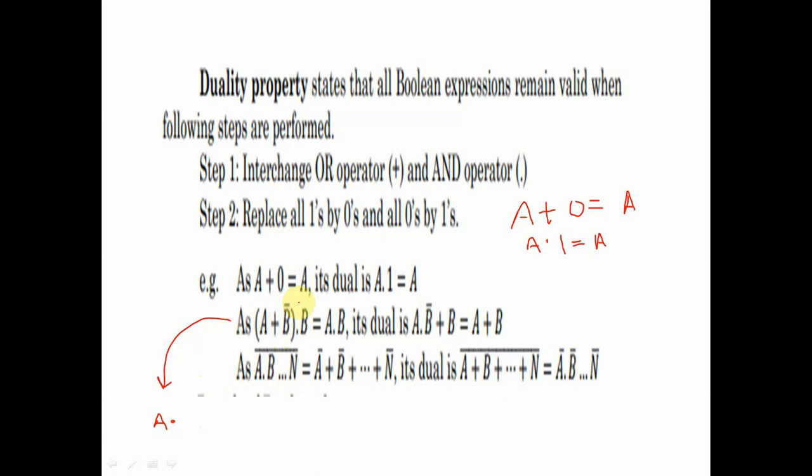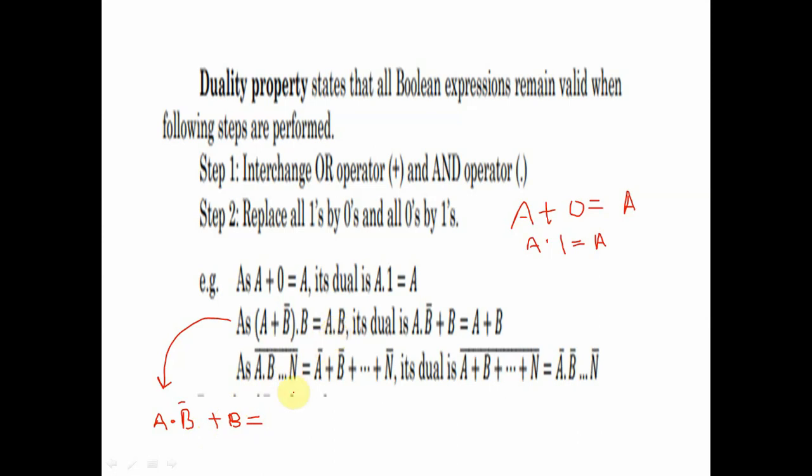So A dot B bar, the logic variables A dot B. But here which operation is present? Here the ANDing operation is present. Instead of ANDing, I take the ORing operation, and B stays as it is. In between the A and B variables, which operation is present? The ANDing operation is present.